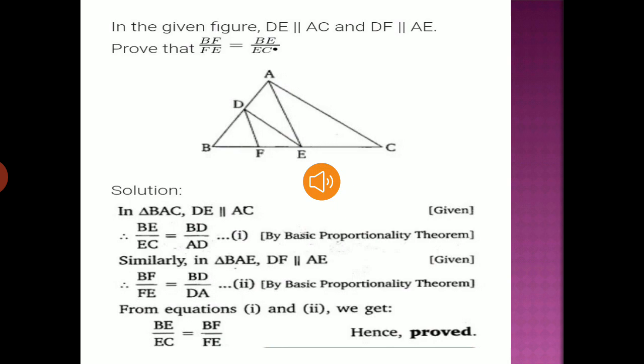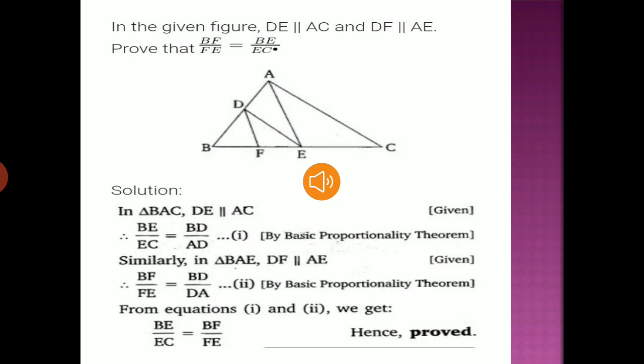Solution. Consider triangle BAC. In triangle BAC, DE is parallel to AC. So apply the basic proportionality theorem. The sides are in the ratio BE by EC is equal to BD by AD. Call it as equation 1.